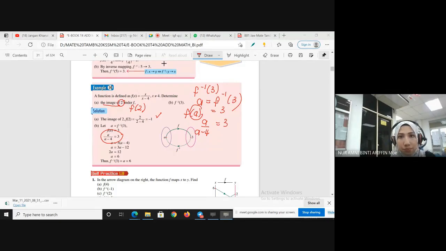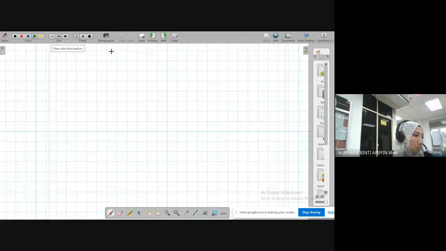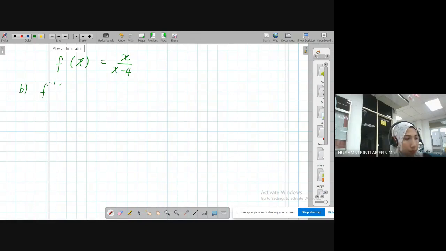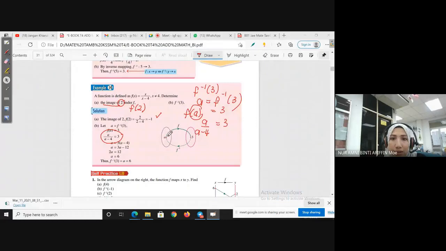Sekejap. Contoh yang atas ni lah. Okay, x over x minus 4. Okay, guys, dalam buku teks tu, dia just put A. Okay, dia ambil, just letakkan A. Kalau you nak gunakan B, C, D pun also can.